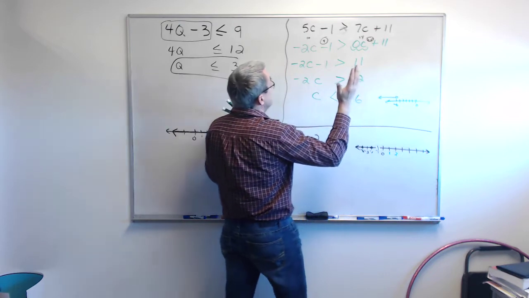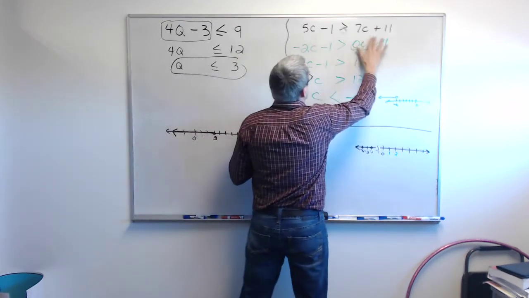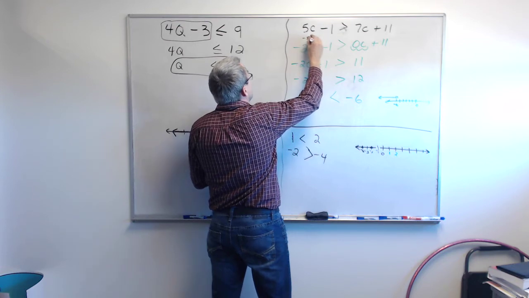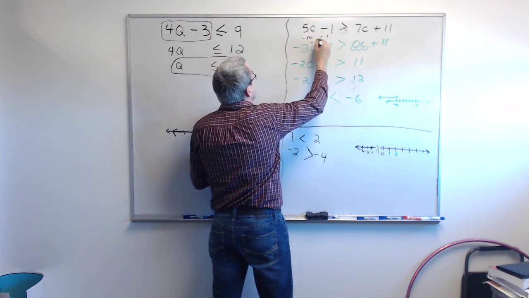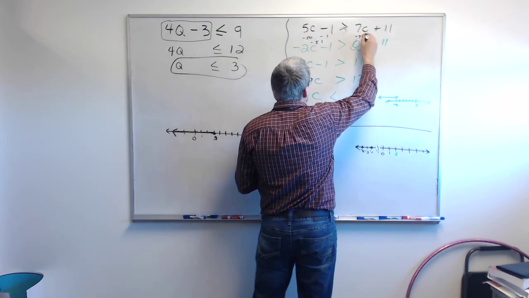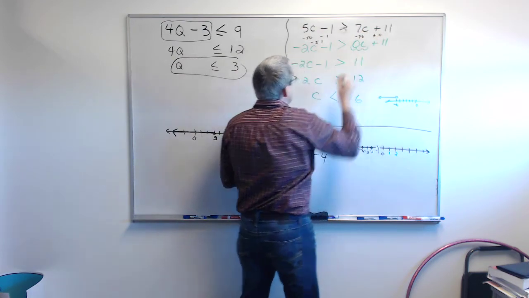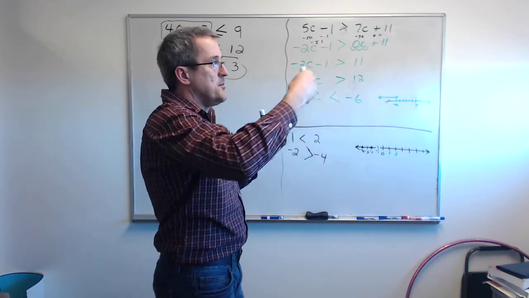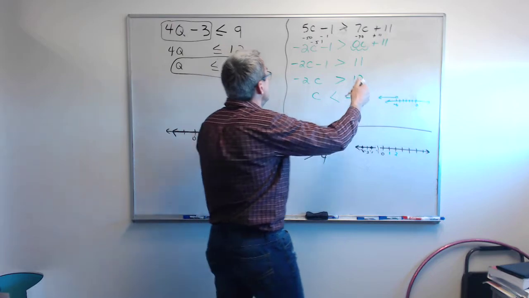Negative 10. Let's check it. 5 times negative 10, negative 50. Minus 1, that would give me negative 51. 7 times negative 10, negative 70. Plus 11. Negative 70 plus 10 would get me to negative 60.